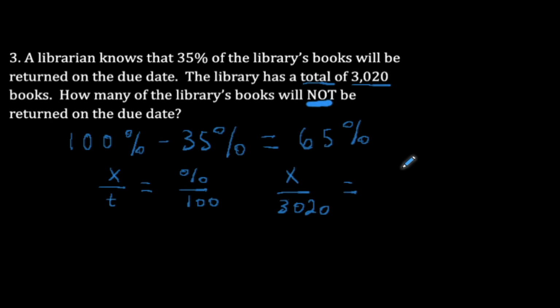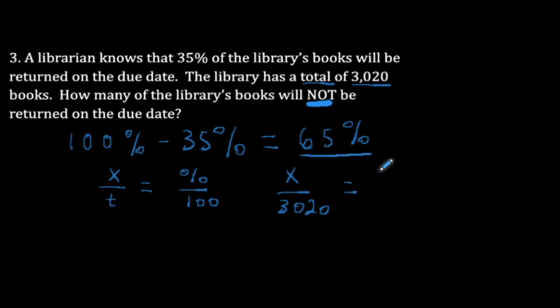Now be careful here because you may be tempted to place 35 over 100. But in reality, we're trying to find out how many books will not be returned on the due date. So we've already found the percentage of how many books will not be returned. So this is what we have to place in the second setup here.